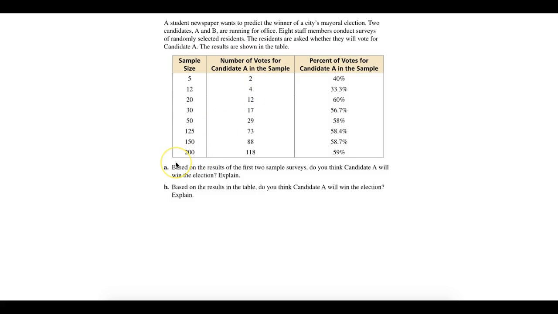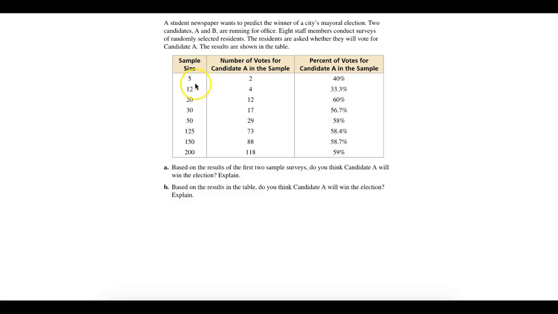Let's look at the questions. So based on the results in just the first 2 sample surveys, so that's these 2 right here, rows 1 and 2, do you think candidate A will win? And then explain why. So let's look at these first 2 results. The first one, there was a sample size of 5 people. 2 said that they will vote for candidate A. And that works out to 40%.